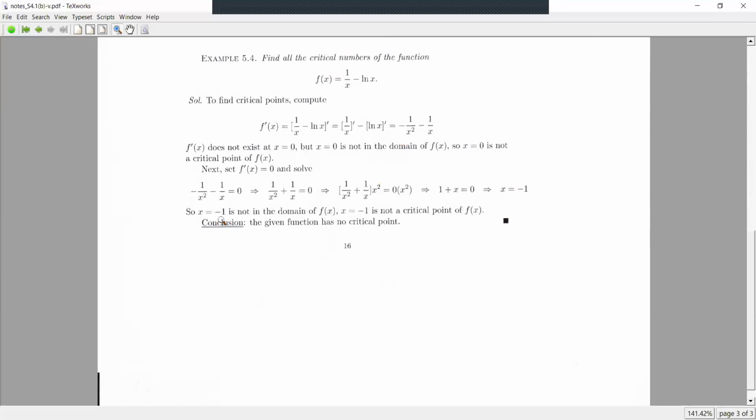So therefore, yes, it makes the derivative 0, but it is not in the domain of the function f. So therefore, -1 is not a critical point of the function f. So conclusion, this given function has no critical point.